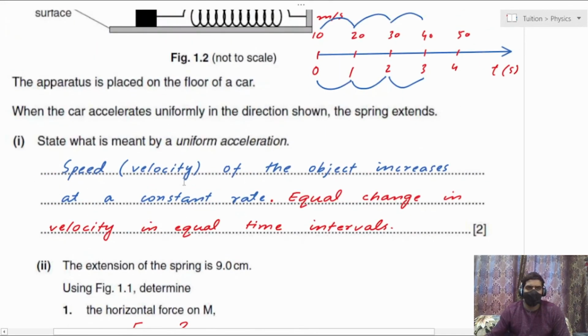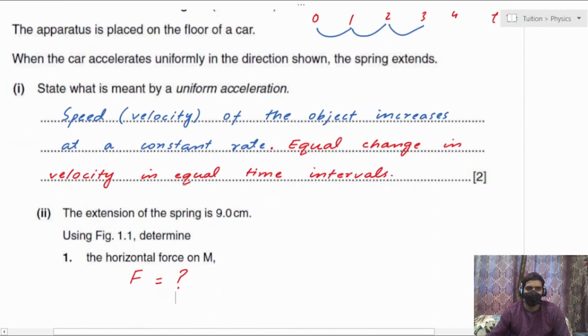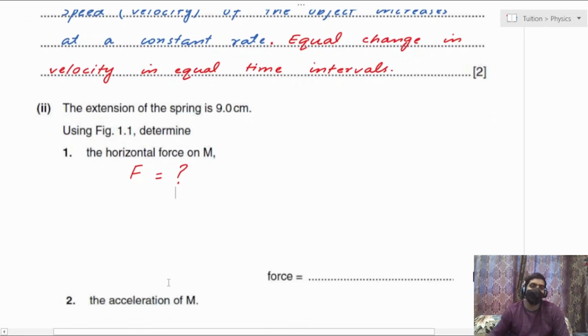Let's see what information is given. Secondly, it clearly mentions you have to use the figure 1.1 in order to find the value of force when the extension is 9.0 centimeters.